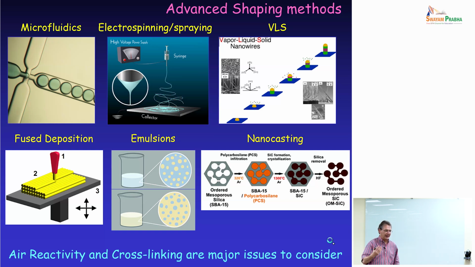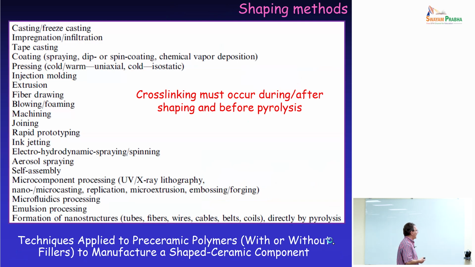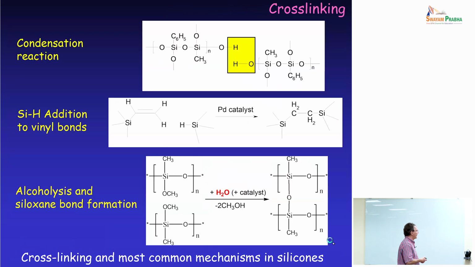So if you have a highly filled system, you can pyrolyze without losing the shape of the part, without cross-linking. These are the different techniques that have been applied so far without fillers, and cross-linking must occur during or after shaping, and certainly before pyrolysis.